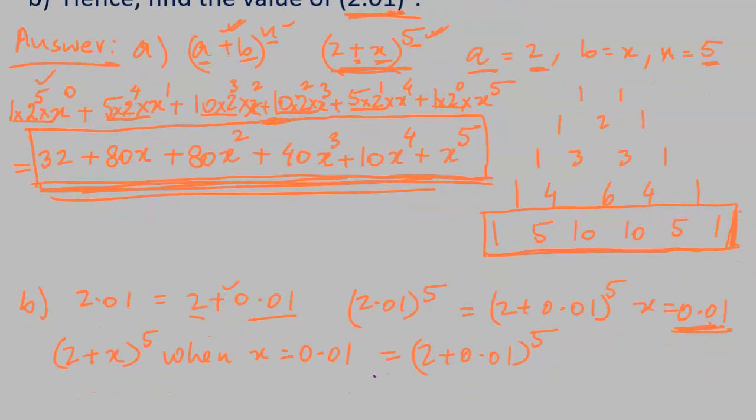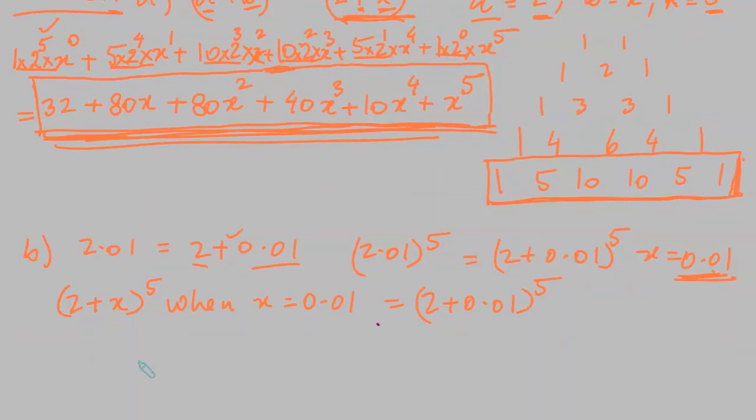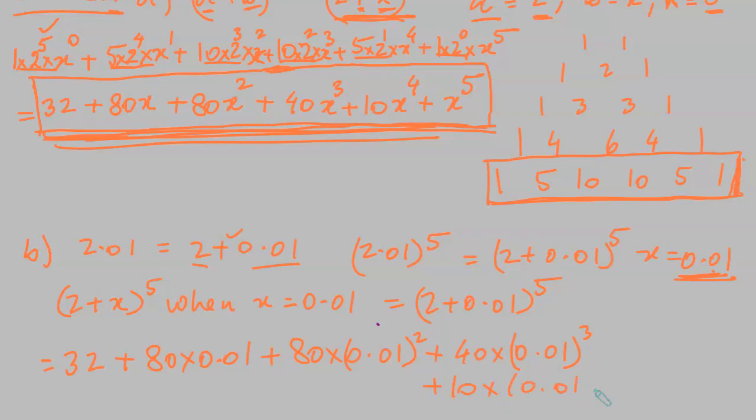Okay. So this should be equal to 2 plus 0.01 to the power of 5, which is 32 plus 80 times 0.01 plus 80 times 0.01 whole square plus 40 times 0.01 whole to the power of 3 plus, let me write over here, 10 times 0.01 whole to the power of 4 plus 0.01 whole to the power of 5.